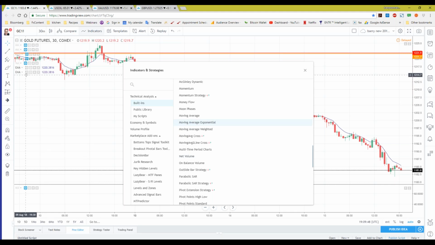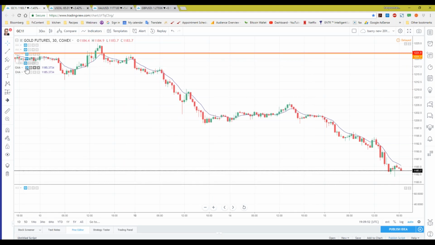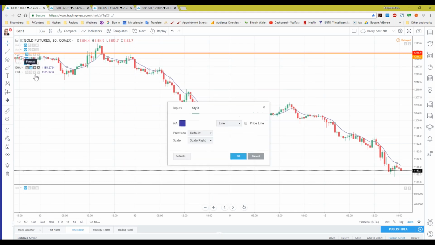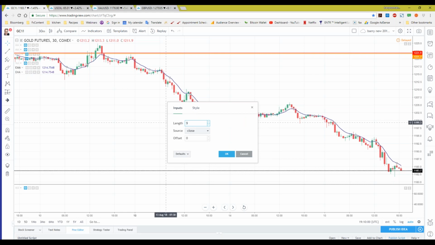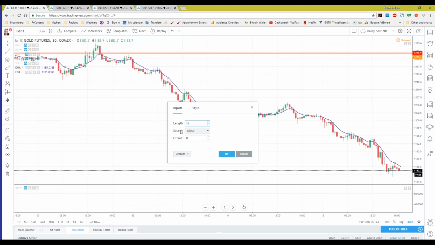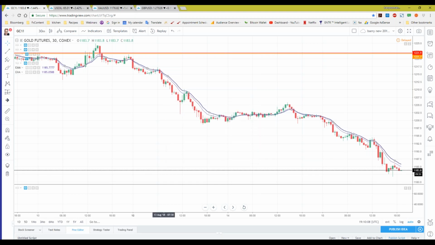So we're going to take the first one, and we're going to set that to a 12 period moving average. So we're going to make that blue. We're going to make the input at 12, because that's the standard that Gerald Appel developed this for. So if you're using all of his standards, then you know you can use all of the standardized interpretations and strategies.